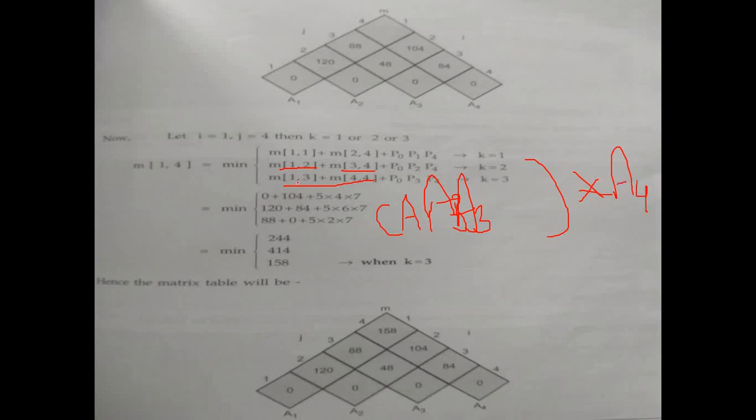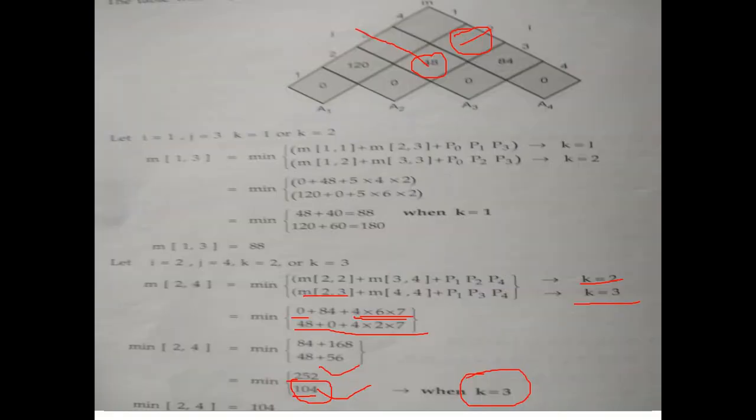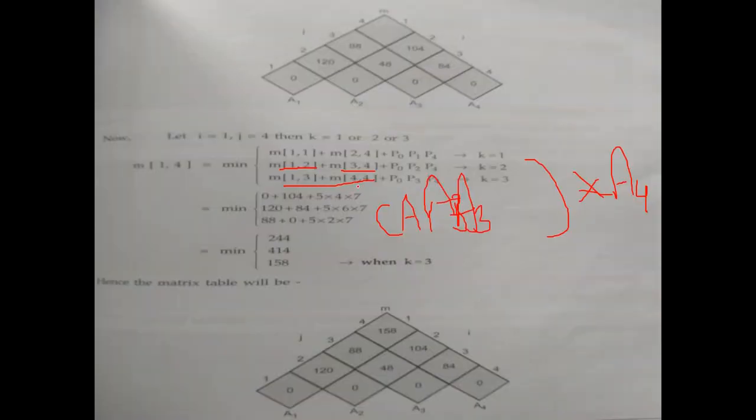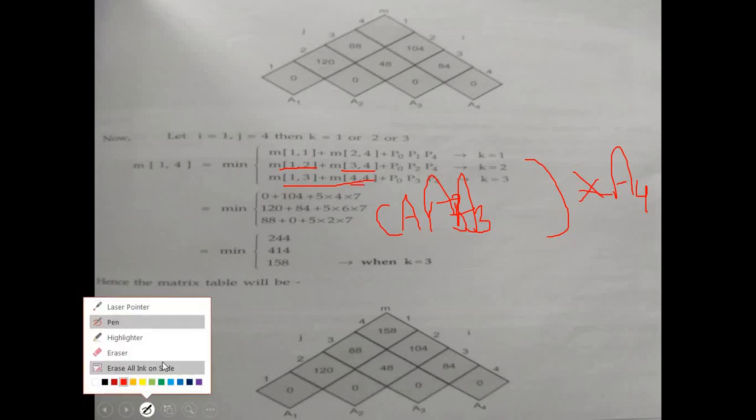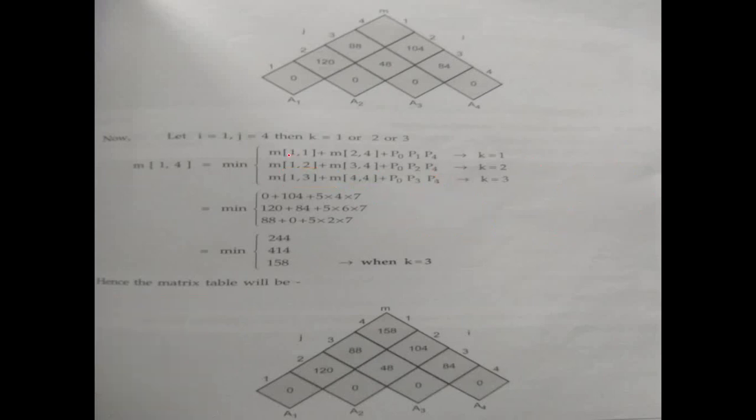For A13, in the previous example we calculated 88 by multiplying A1 with A23. So we will directly use our A13 here and we will use M4 here.